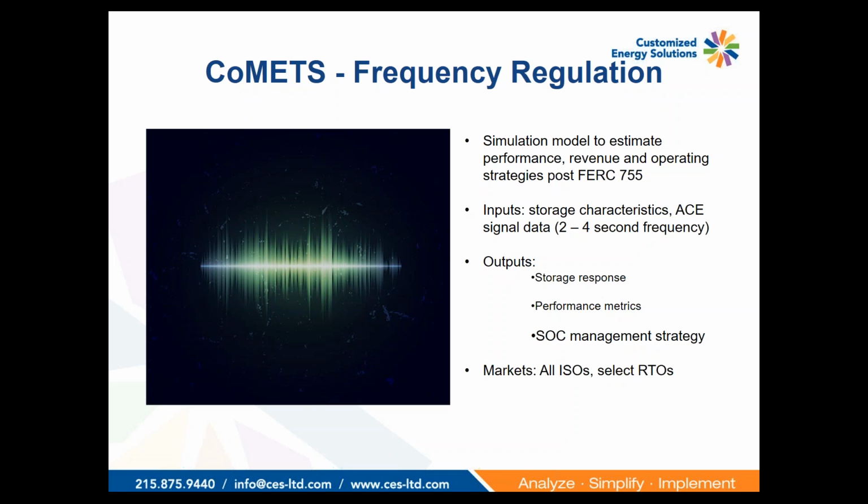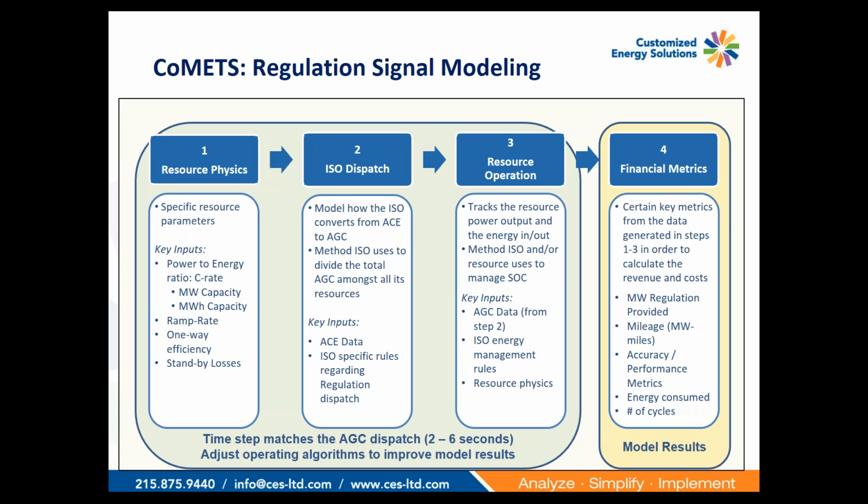So what this tool does, it takes into account the regulation signal that the system operator or ISO gives, and then simulates the response of a storage to calculate how it will perform for that market, which will be used to estimate the revenue or the expense for that project.